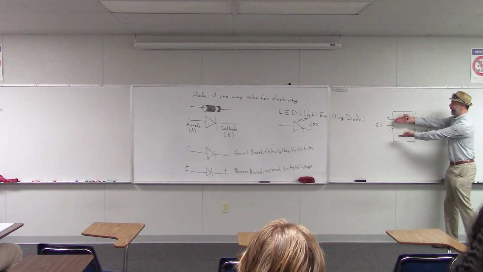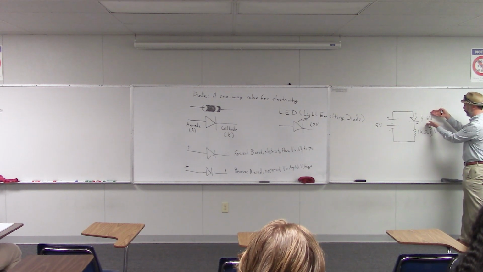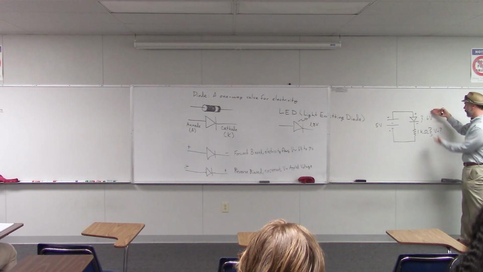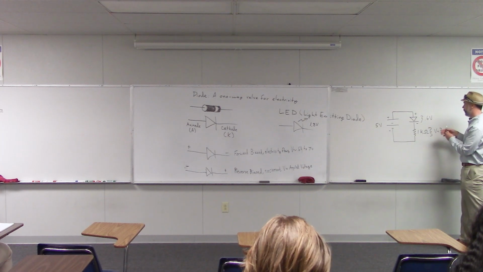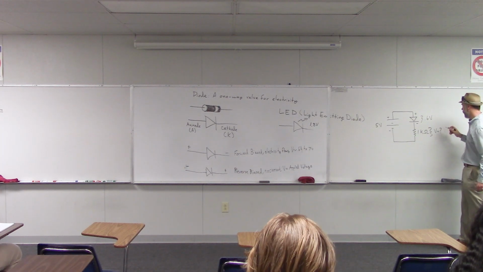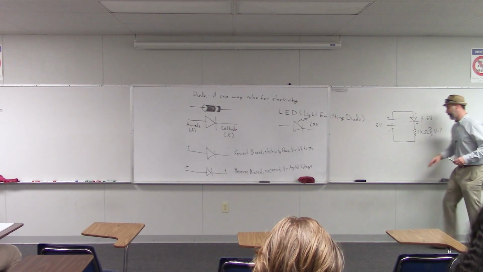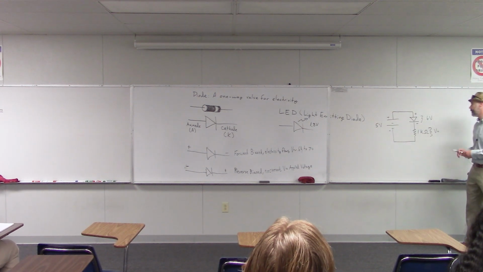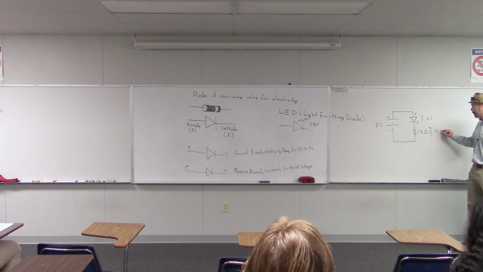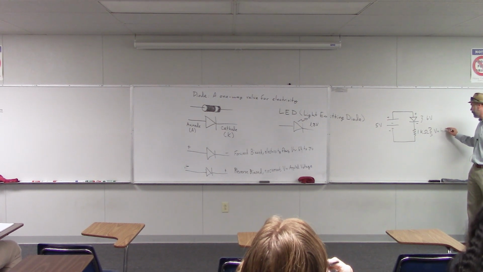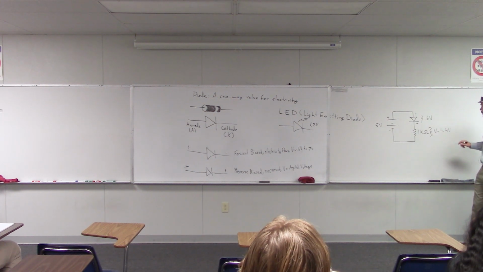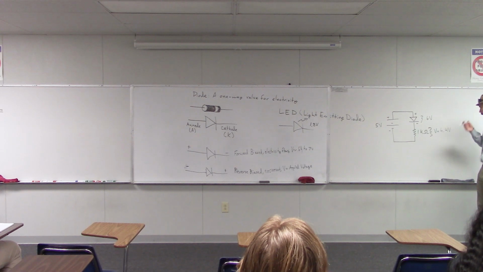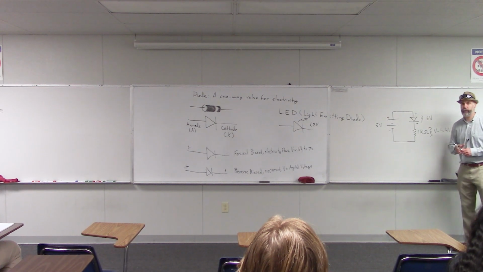So we know we have 5 volts total. 0.6 of that is across this diode. So then how much of that would be left across this resistor down here? Yeah, 4.4 volts, exactly. So then could we figure out the current through this whole circuit?